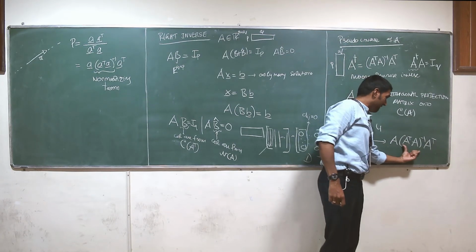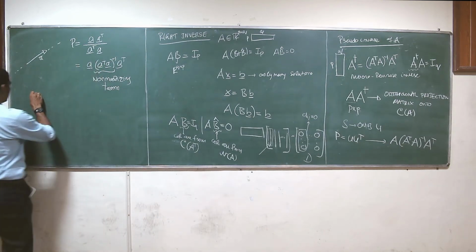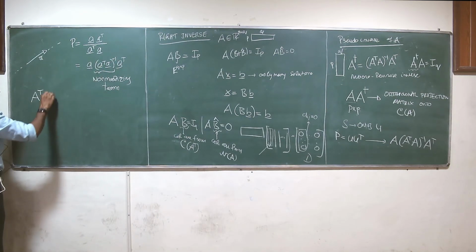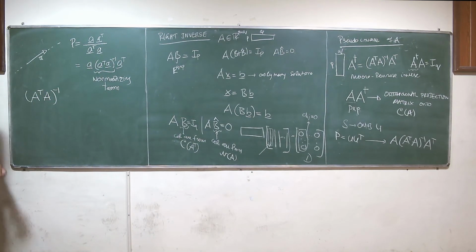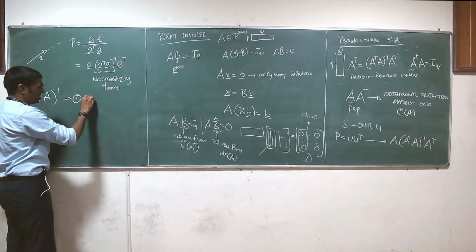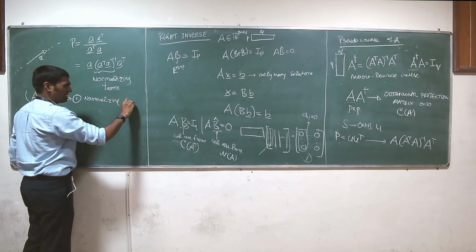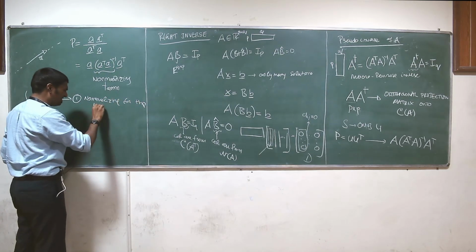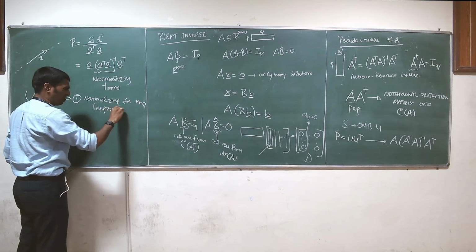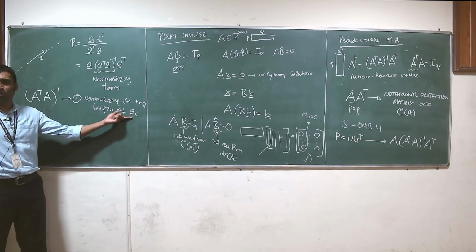So the way to think about what A transpose A inverse is doing is that it does two things. One, it normalizes for the lengths of the columns of A; columns of A might not be of length 1.